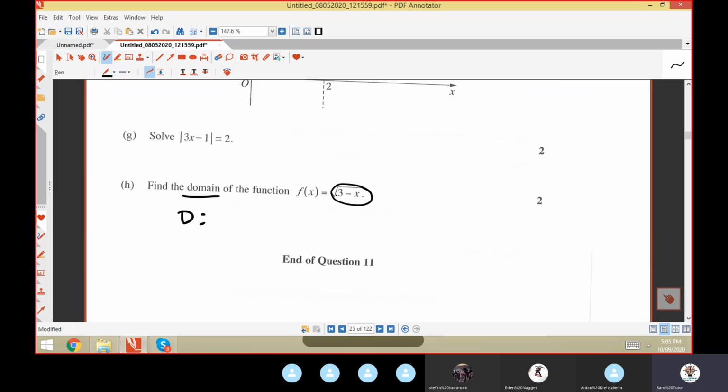So you mean x is less than positive 3? Yes, and equal to. If you just write less than, you're wrong. X is less than or equal to 3. In other words, it's where 3 minus x is bigger than or equal to 0, and then you can solve it. Good job.